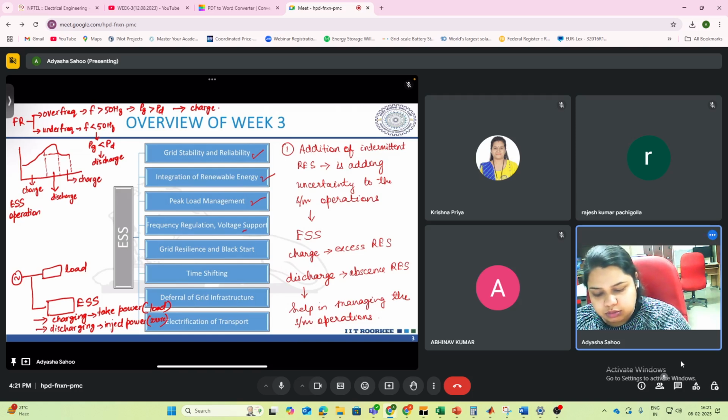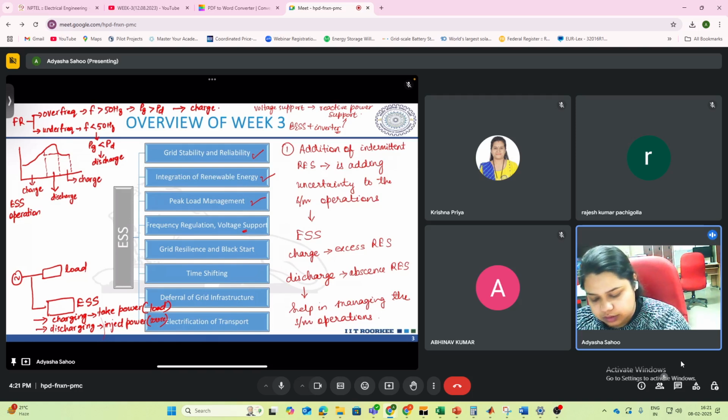Then coming to voltage support, the storage inherently cannot provide voltage support, because for voltage support what you require is reactive power. That is not provided by the battery, but the battery energy storage system is usually integrated with the inverter, and this inverter can provide the reactive power support, and hence they can help in the voltage support.